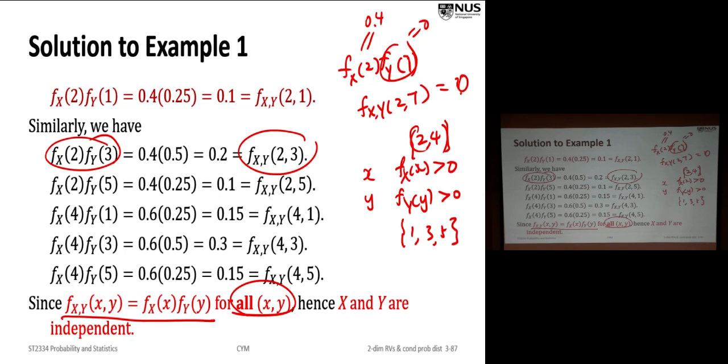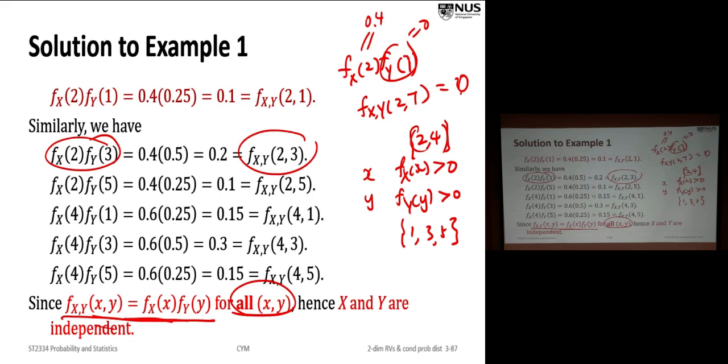All right. So what happens if I find one particular x, y such that this f of x, y does not equal f of x times f of y? Then what happens? That means this is not true for all x, y. Maybe I can find one x, y such that this is not true.